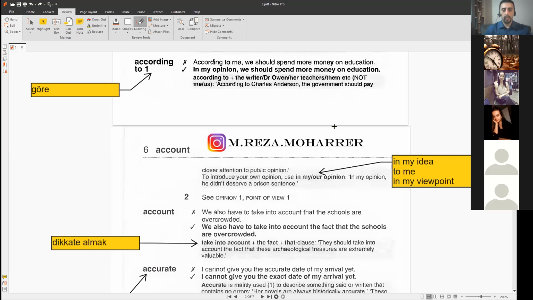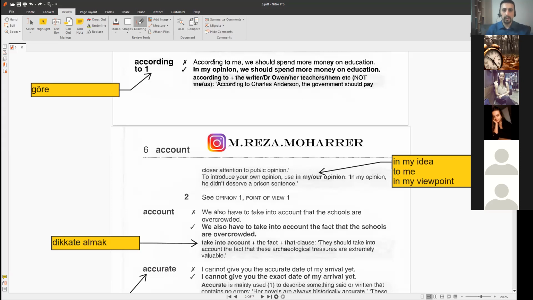Yes. So whenever you want to speak about your idea, what you think, you can use in my idea or to me or in my viewpoint. But whenever you want to talk about other people's ideas or words, use according to. For example, you can say according to my father, but in my idea.